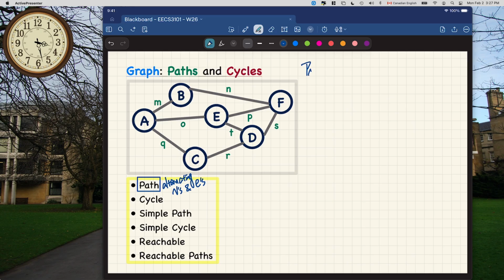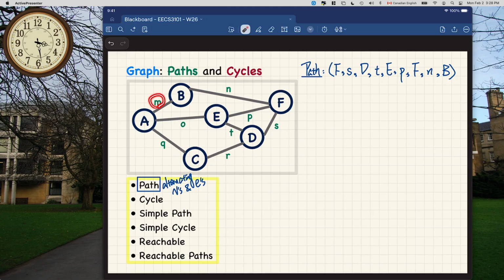Let me write it down first, and then we'll try to make it more visual on the graph. Alternating. So let's say I start with F, and then S, and then D, and then T, and then E, and then P, and then F, and then N, and then B. In this particular example, since we actually give the labels of each edge, that's why we can include their name over here.